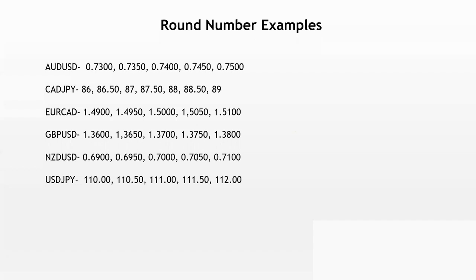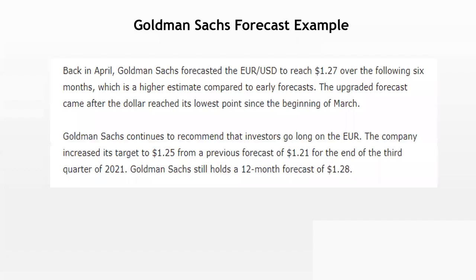So now we're going to look at why, for example, do we think that the institutions potentially use these levels. So what I'm going to get up on the screen now, guys, is an example of a Goldman Sachs forecast for Euro USD. So back in April, Goldman Sachs forecasted Euro USD to reach 127 over the following 6 months, which is a higher estimate compared to the earlier forecast. The upgraded forecast came after the dollar reached its lowest point since the beginning of March.